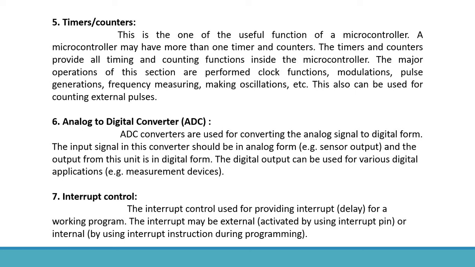The digital output can be used for various digital applications, example, measurement devices. Nextly, interrupt control. The interrupt control used for providing interrupt. So interrupt is referred to delay. For a working program, the interrupt may be external or internal, depending upon the programming concept.